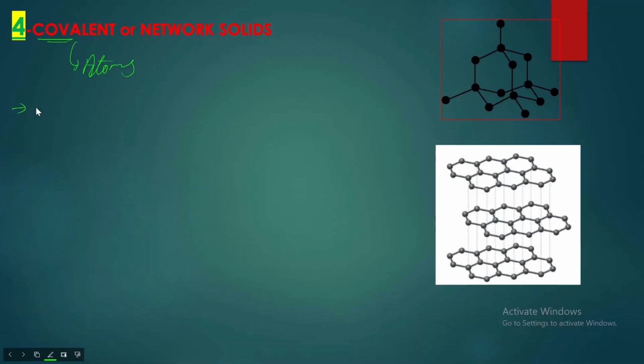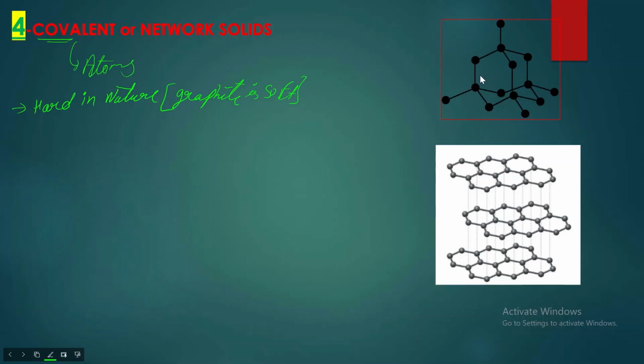The property of covalent or network solids is that they are hard in nature, but graphite is soft. Why? We will discuss later.